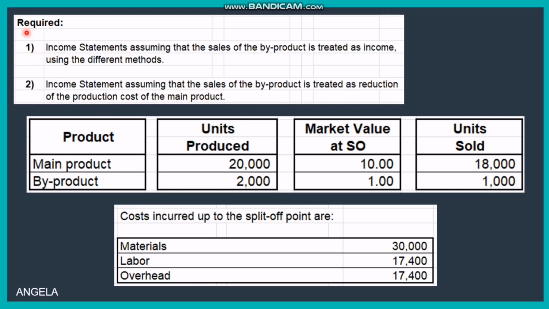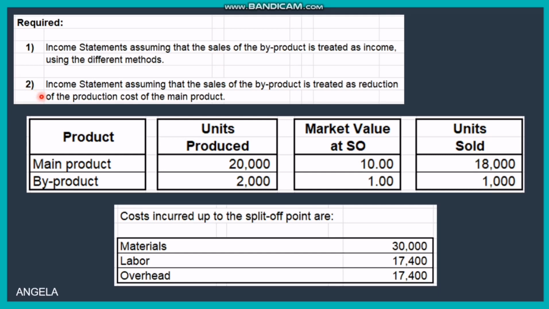So sa number 1, ang pinapahanap dito is yung share in joint cost ng byproducts, pero ang gagamitin natin is yung category 1 na pag-allocate. So, ang mangyayari, yung net revenue ng byproduct will be shown sa income statement as either A, additional sales revenue, B, deduction from the cost of goods sold of the main product, or C, as other income.